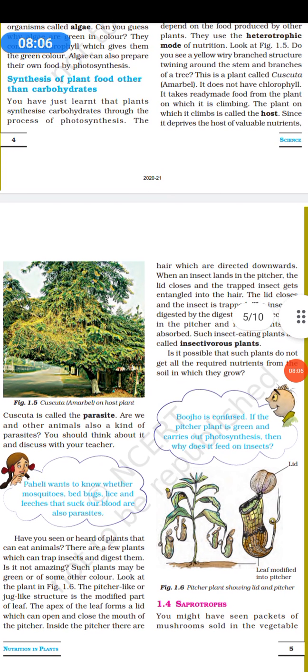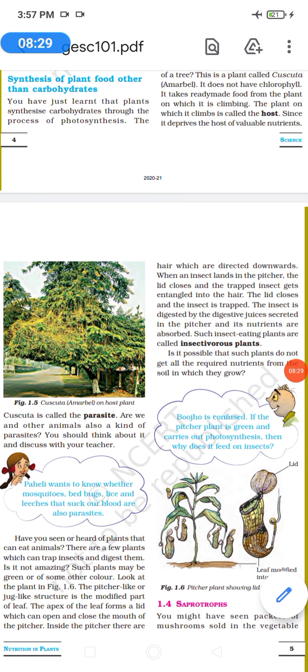Parasitic nutrition is where the plants feed on another plant, which is the host plant, and they harm the host. If a plant climbs on another plant and deprives the host of valuable nutrients, we say it is parasitic mode of nutrition.